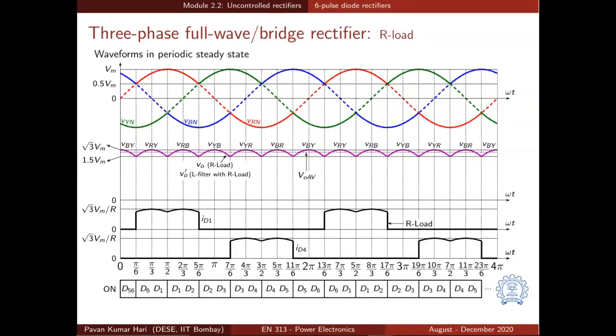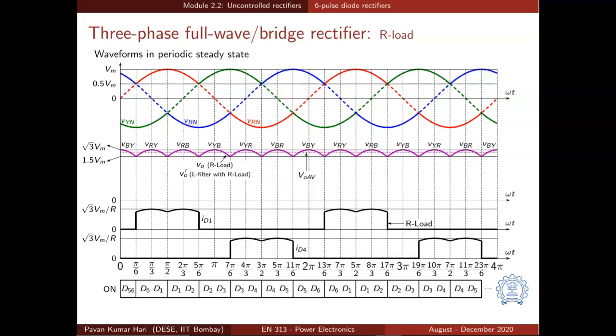So the output voltage, which is shown in purple color waveform, has sections from each line to line voltage, and there will be 6 such sections because the output voltage will follow a different sinusoid every 60-degree interval, because 2 diodes can conduct together in a 60-degree interval.